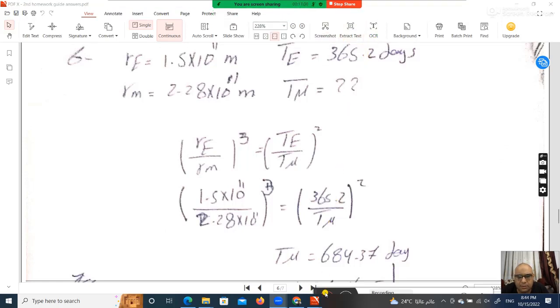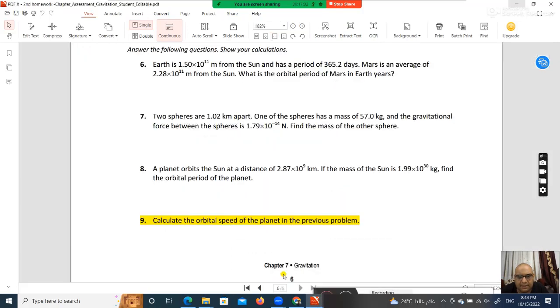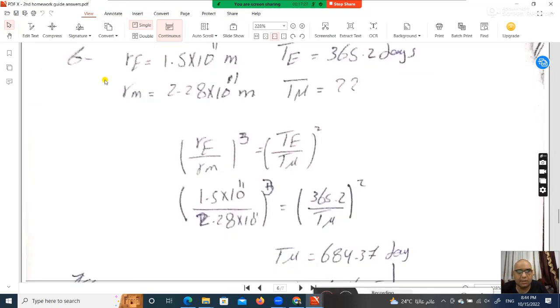The first question says that Earth is 1.5 times 10 to the power 11 meter from the Sun and has a period of 365.2 days. Mars is an average of 2.28 times 10 to the power 11 meter from the Sun. What is the orbital period of Mars in Earth years? First of all, you have to find the givens. Radius of the Earth is 1.5 times 10 to the power 11 meter.